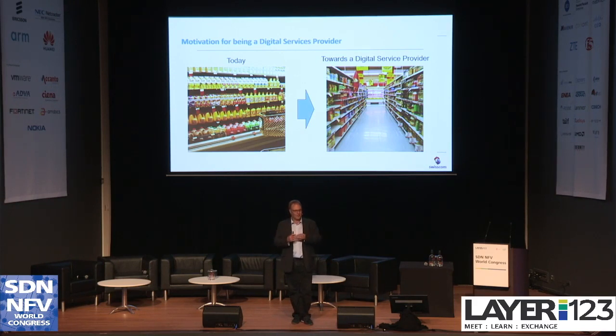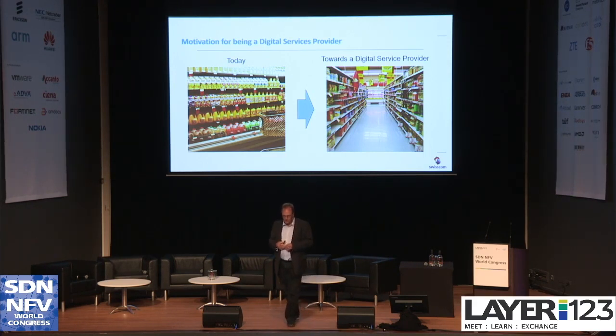For example, how much bandwidth you get in the access, how many channels you get on TV, things like that. So that's where we are today, and I compare that with the left side picture. You buy orange juice in different quantity and probably a bit different quality. So that's what's on the left side.